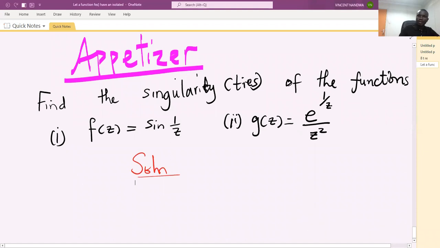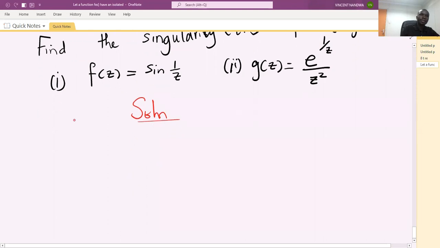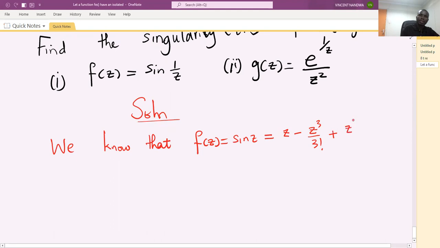So the first function, f of z. We know that if you have a function f of z equals sine z, then it can be written as a series: z minus z cubed over 3 factorial plus z power 5 over 5 factorial minus z power 7 over 7 factorial plus other several terms.